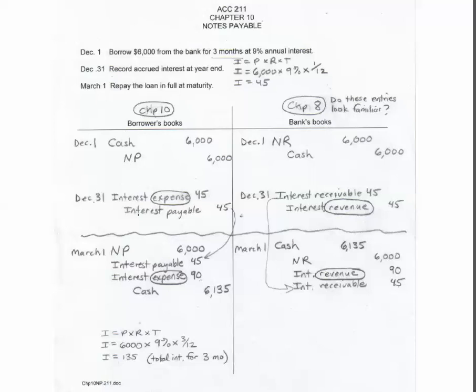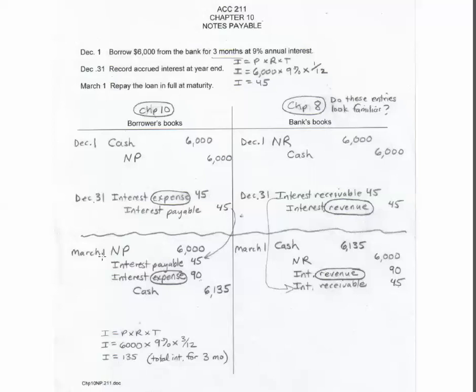After 1 month has gone by, 1 month of interest has accrued, and from the borrower's perspective, that's an extra month of interest that they're going to have to pay later. So we have an interest expense representing the cost of borrowing that money for that 1 month period, and an interest payable due to be paid off later.